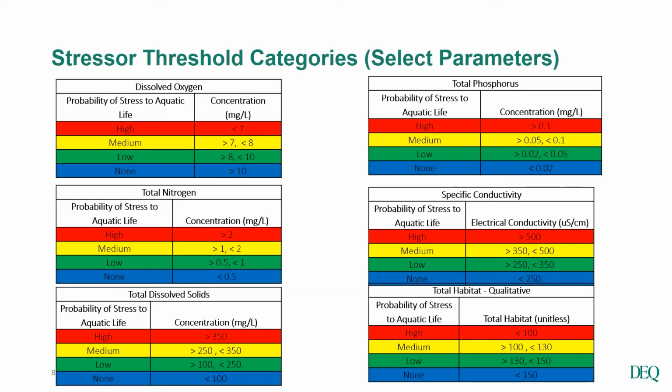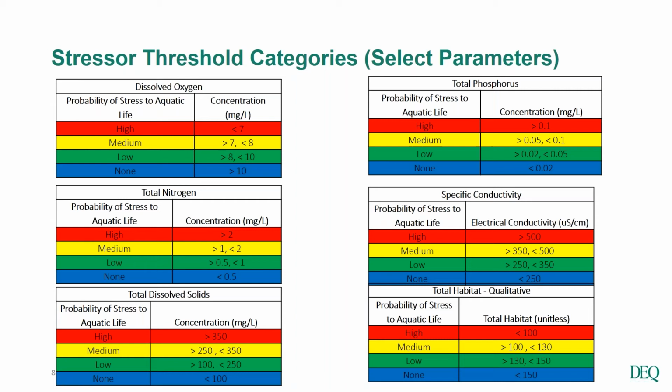So the result of this process are these tables here, these stressor threshold categories. And again, we can't create these thresholds for every parameter because we don't have that level of data, but the document goes into detail with about 11 of these different parameters, I think, that we have the amount of data that we can calculate these thresholds.